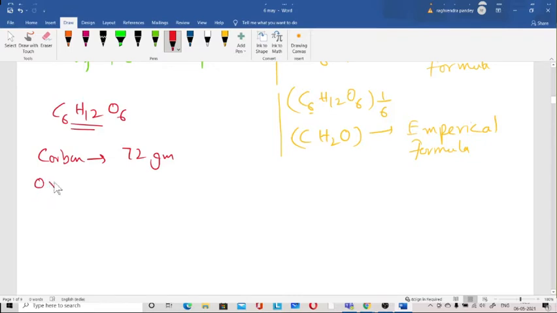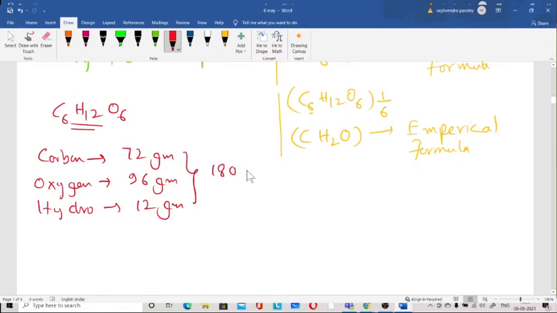What is the weight of oxygen? It is 16 into 6, 96 gram. And hydrogen, it is 12 gram. So basically it is total 180 gram, that is your glucose.